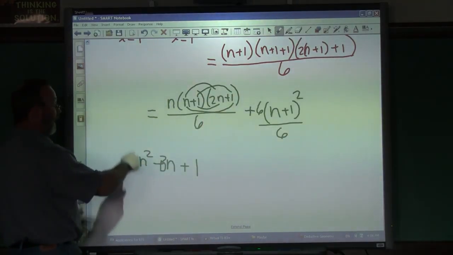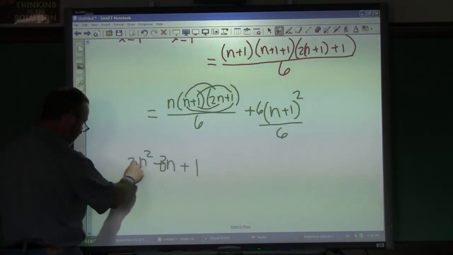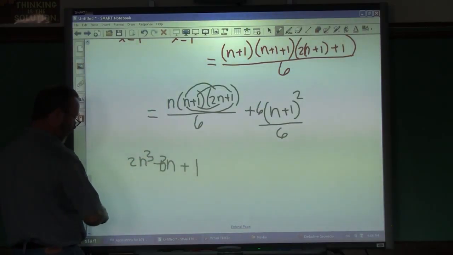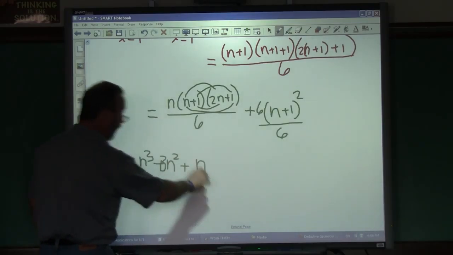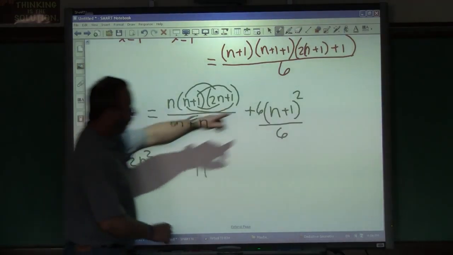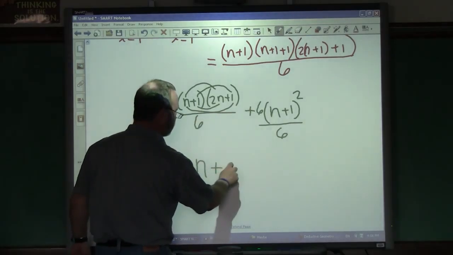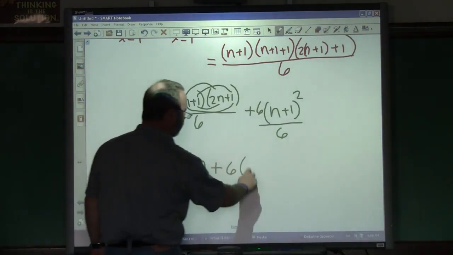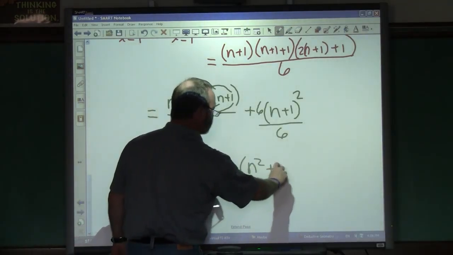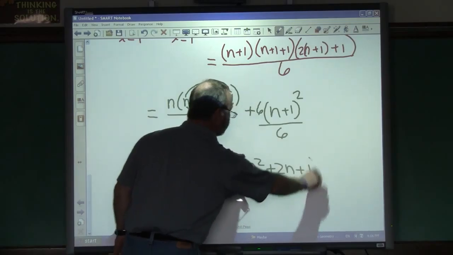That whole thing times n, so that's 2n cubed plus 3n squared plus n plus 6 times, and now I need to FOIL that out, n squared plus 2n plus 1.